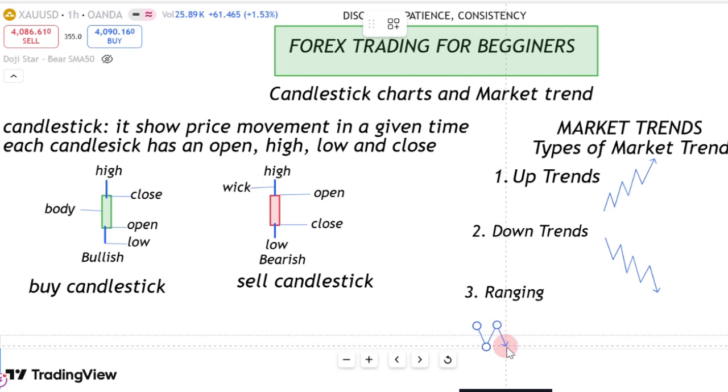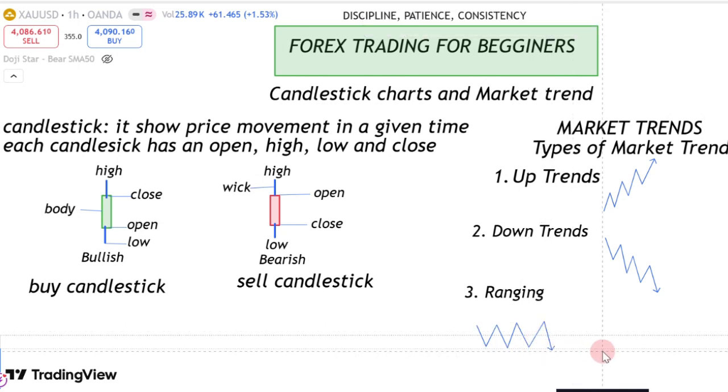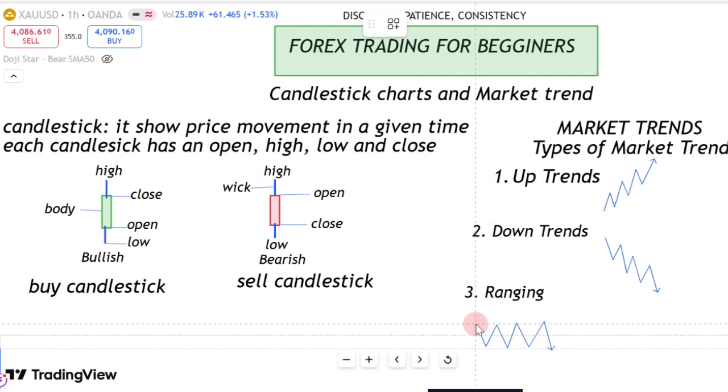It's not showing any sign of going up or any sign of coming down.